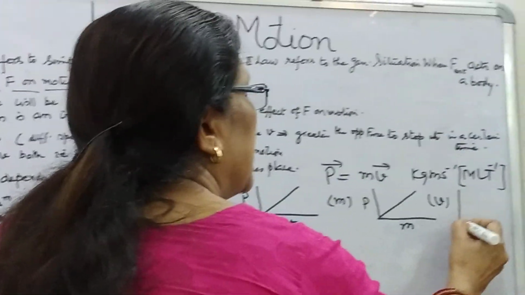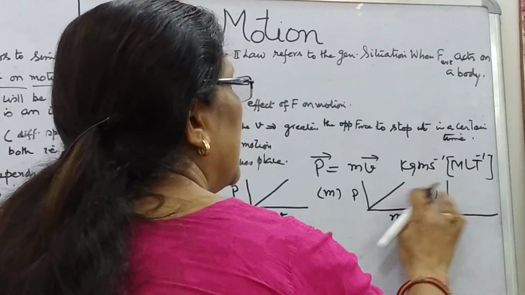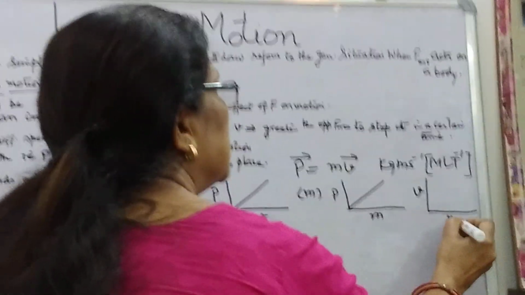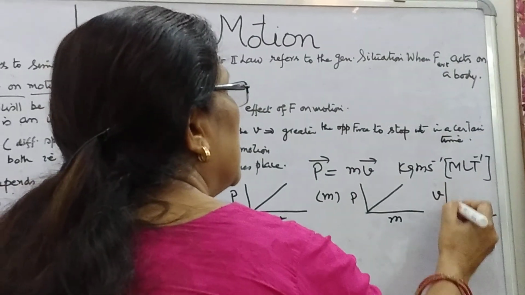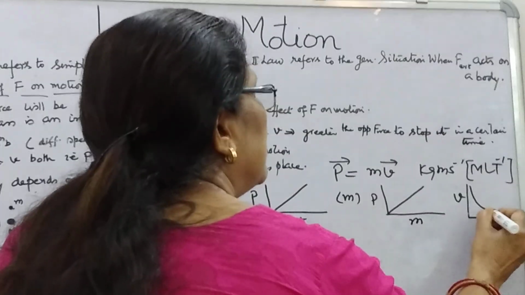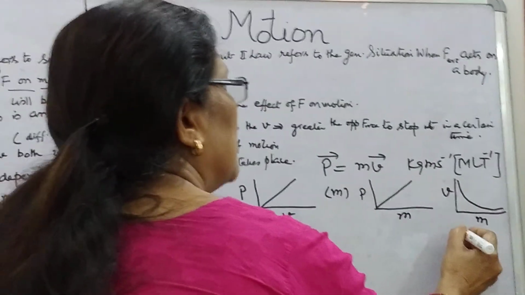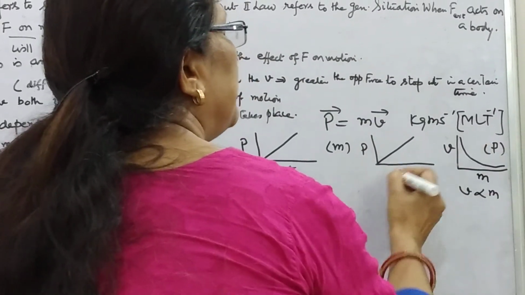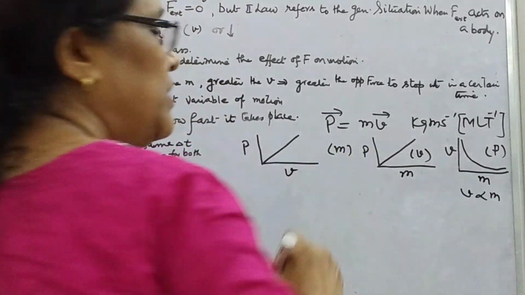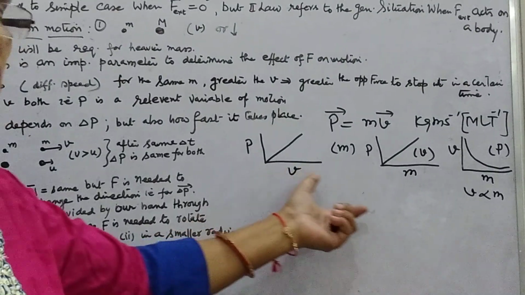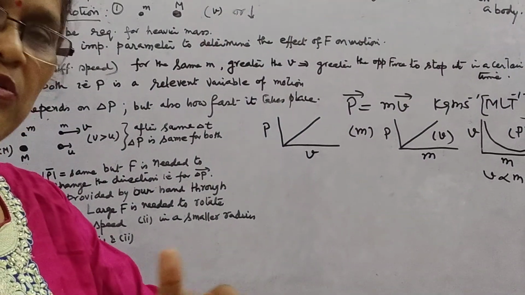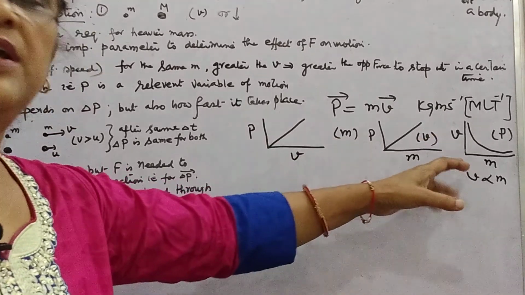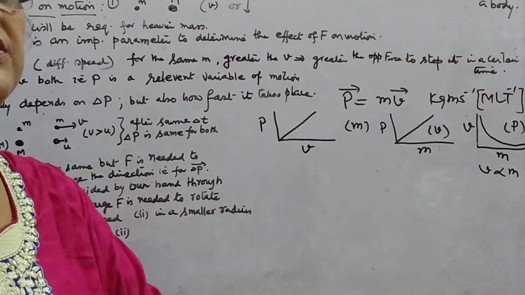Then what will you get? The graph for that: if this is the velocity and this is the mass, then v is inversely proportional to m. What is constant here? P. In this way we can find how momentum, mass and velocity are related to each other.